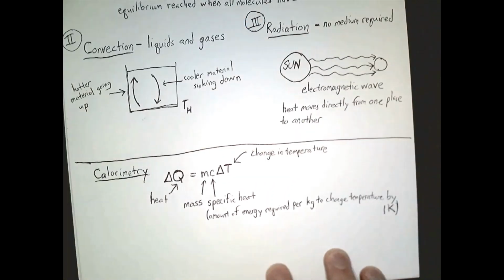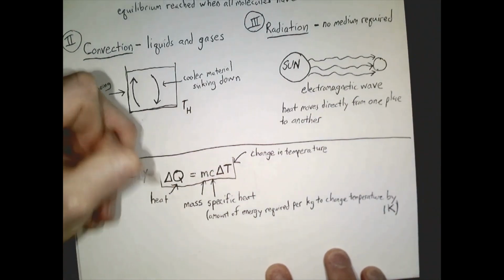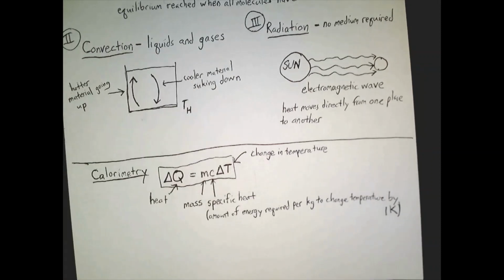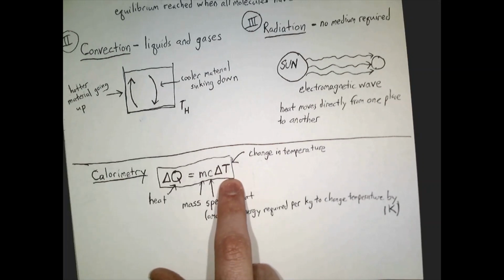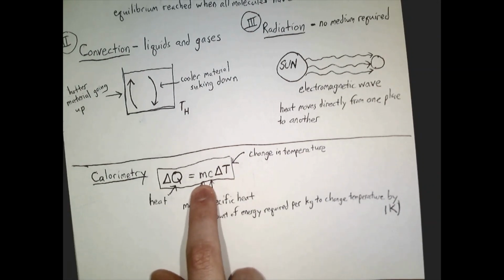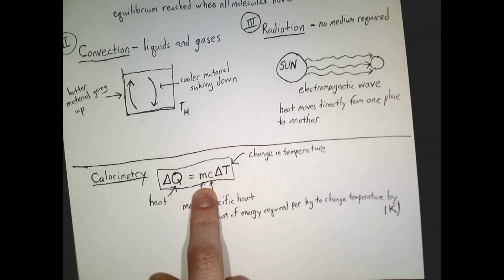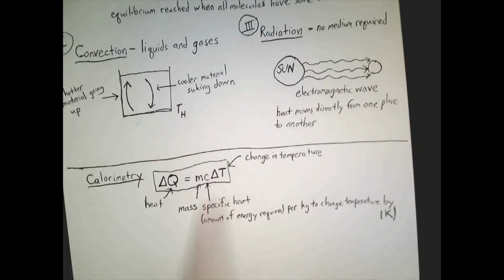So sort of breaking down this equation again, this is the amount of heat required to change an object's temperature by some amount. That is going to be directly proportional to how much stuff there is, how much mass is in the object. If there's more mass, you're going to need more heat to uniformly change that temperature. c is the specific heat.